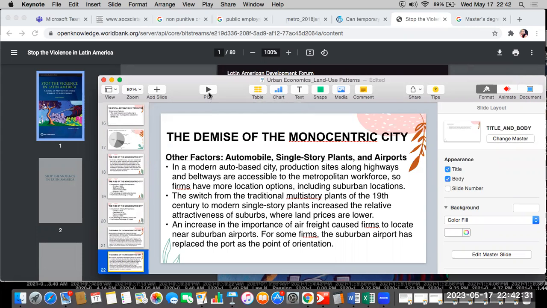The switch from the traditional multi-story plans of the 19th century to modern single-story plans increased the relative attractiveness of suburbs where land prices are lower. An increase in the importance of air freight caused firms to locate near suburban airports. And for some firms, the suburban airport has replaced the port as the point of orientation.